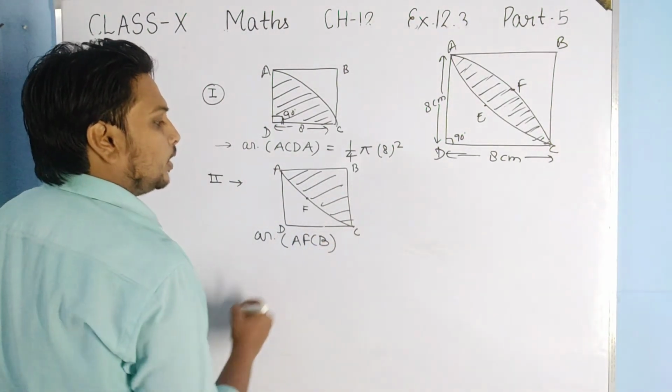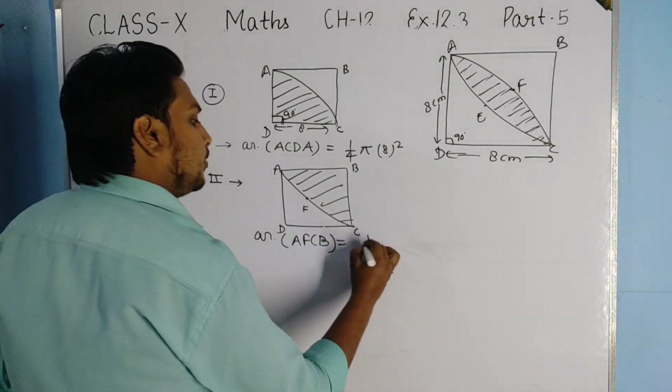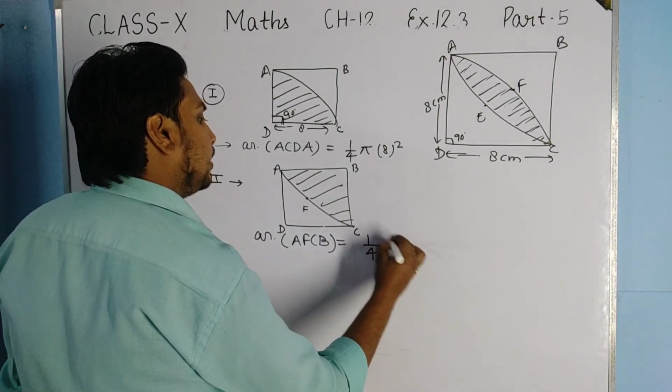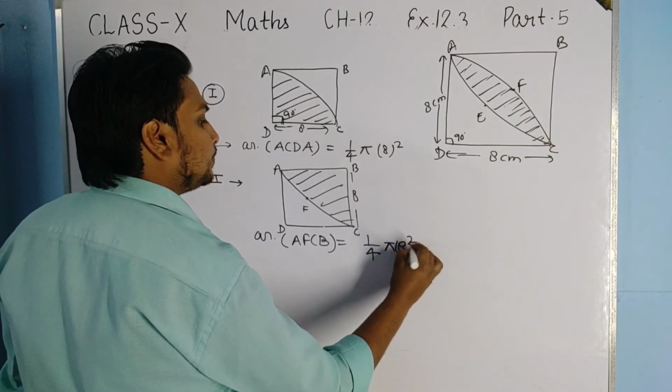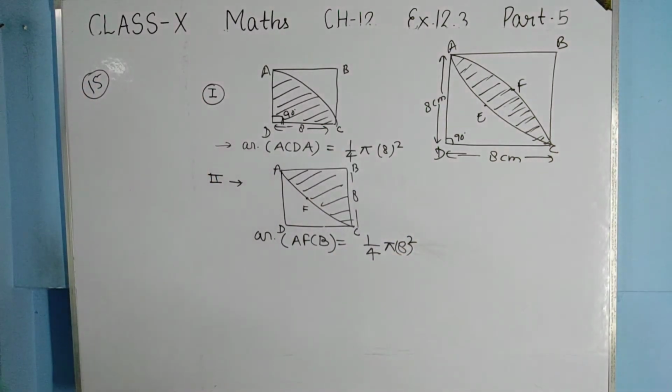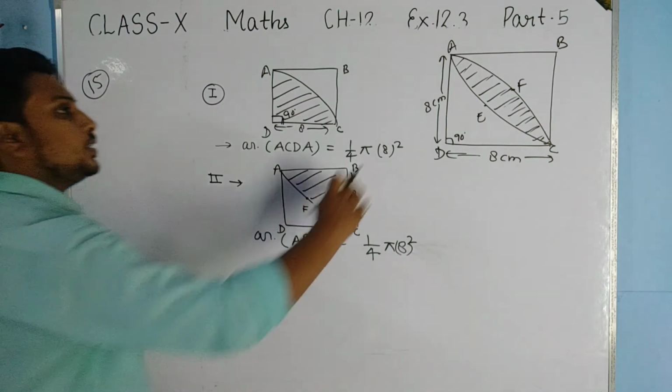How will you find it? You can apply the formula of a quadrant, 1 by 4 pi r square, and again r is 8, so it is 8 square. We have to find this region.